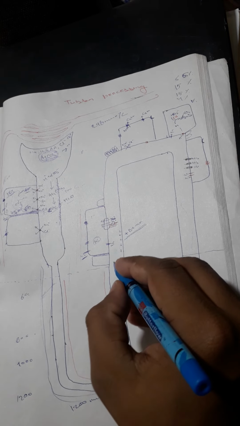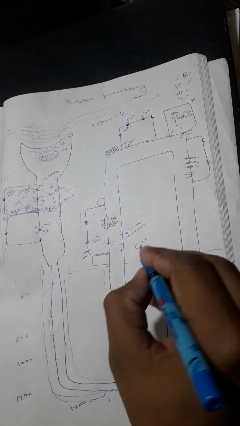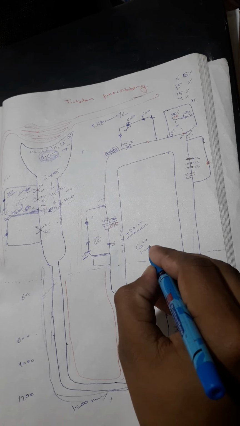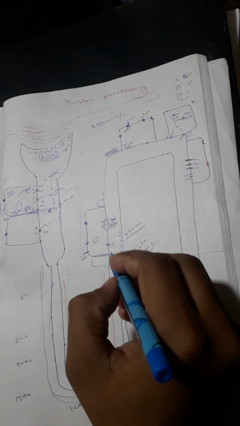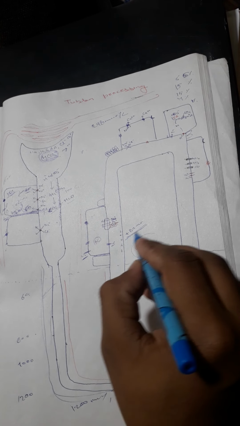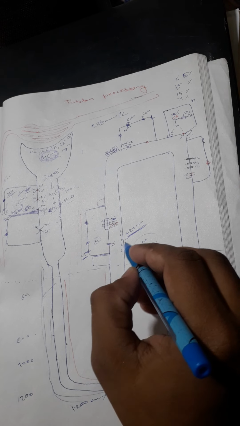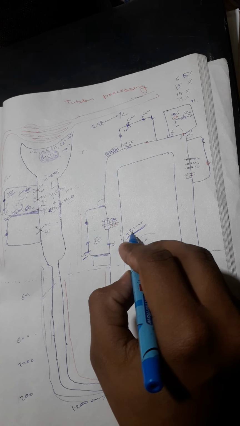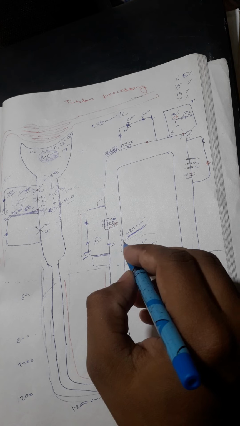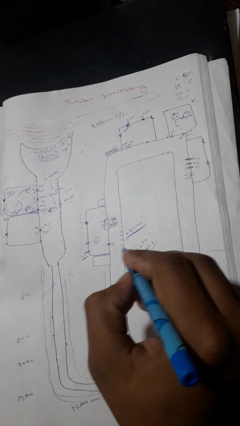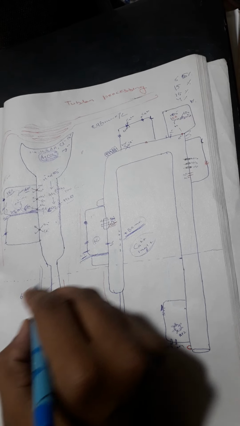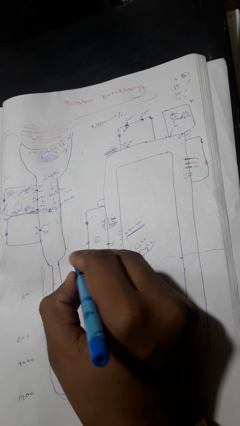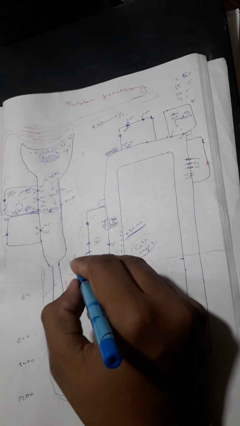When a calcium molecule or magnesium molecule, which is a divalent cation, comes here, this 80 millivolt charge repels it, and this calcium molecule goes and is absorbed into the peritubular capillaries.